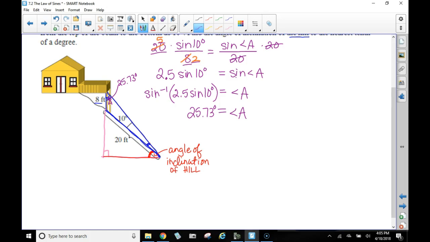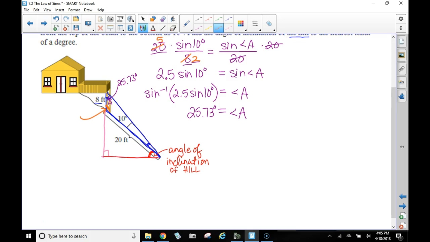Now, we don't have enough information to use the big right triangle that I'm seeing there. So here's what we should do. Next, let's find this angle right here, that third angle in that blue triangle.